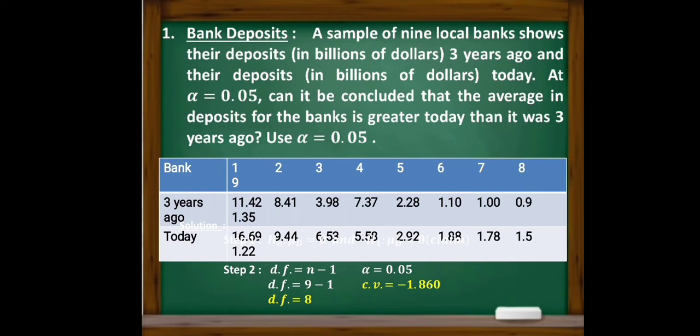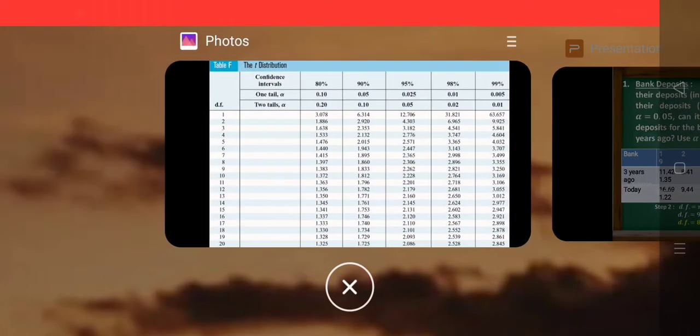Now, we have to locate our DF and alpha 0.05 in table F. So, this is our table F. Since this is left-tailed, so one tail alpha 0.05, and our DF is 8. So, we get 1.860. Now, since it is left-tailed, we use negative. So, negative 1.860. That is our critical value.